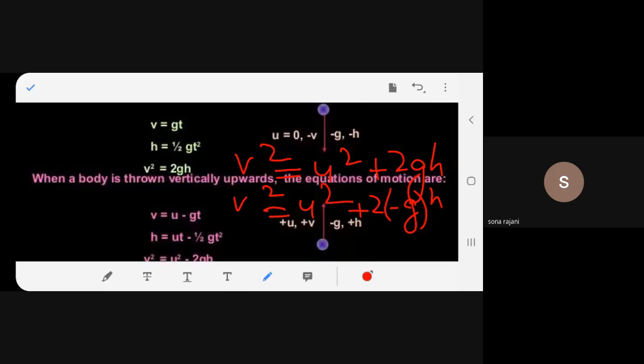V square is equal to u square plus 2 into minus g becomes minus 2gh. So you got the third equation. I hope you have understood with this all how we have derived the equation of motions due to gravity.